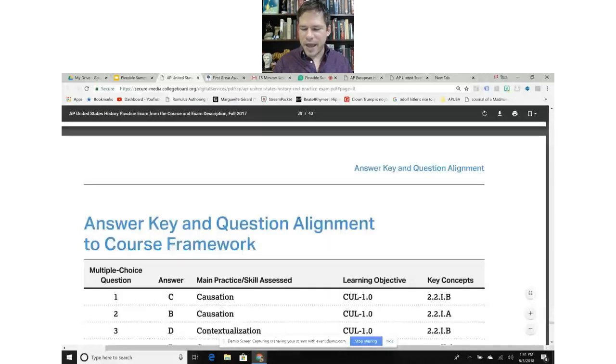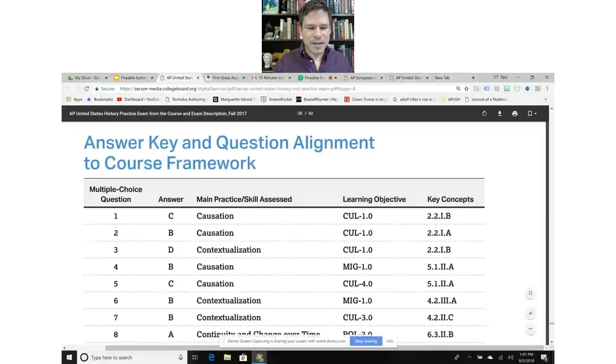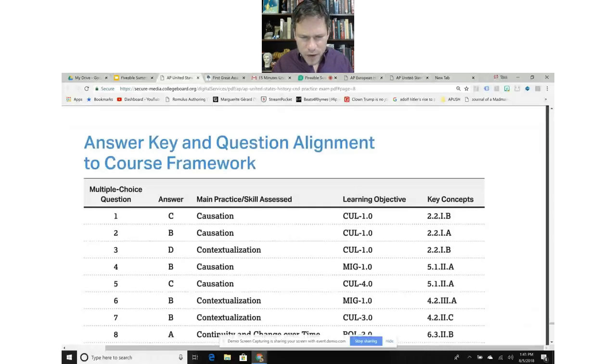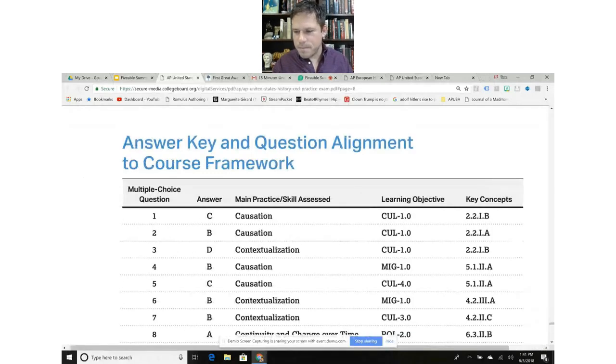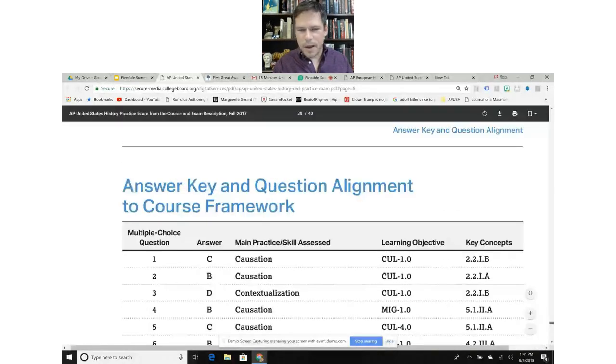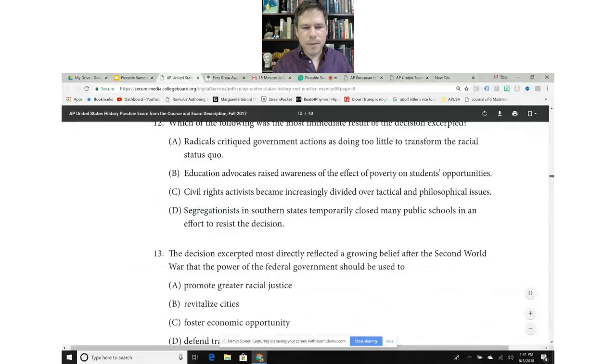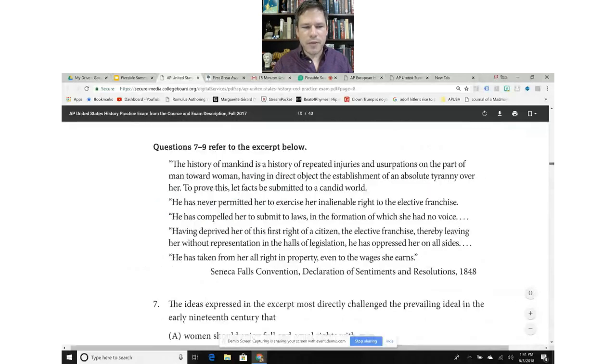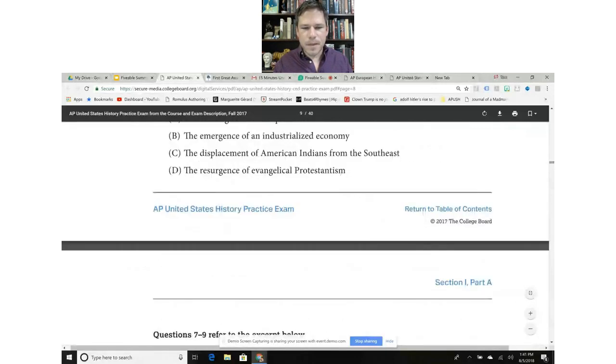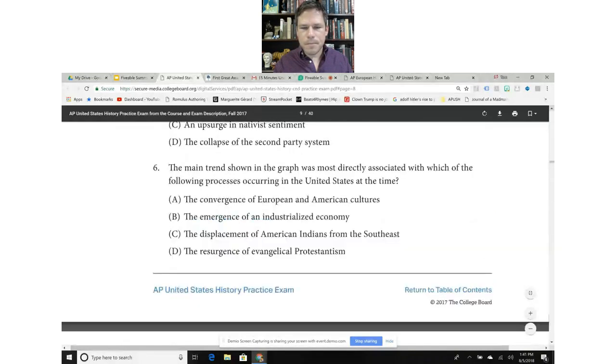Okay, so when we look at 6 here, we see that now wait, 6 is actually showing, let me look at that again. Okay, so sorry about that. Mea culpa. Let's see. So 6, it's saying that is B, the emergence of an industrialized economy.